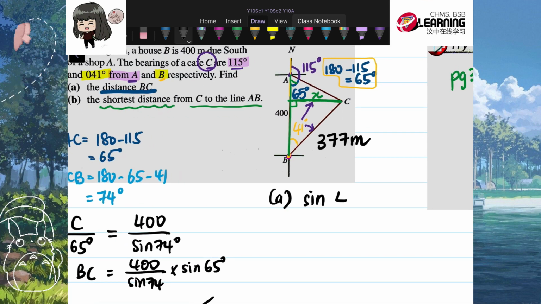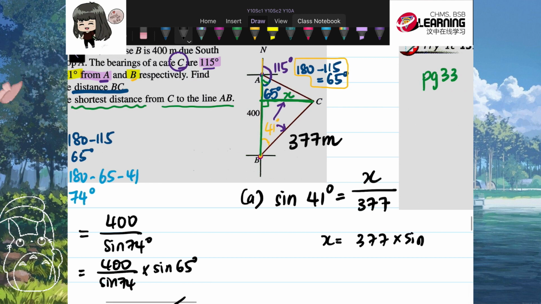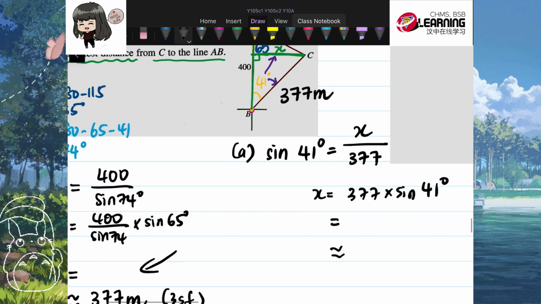So sine 41 degrees is equal to X over 377. I move my 377 to the other side, and it becomes times. So X equals 377 times sine 41. To 3 significant figures, you fill in this one yourself, it is 247 meters.